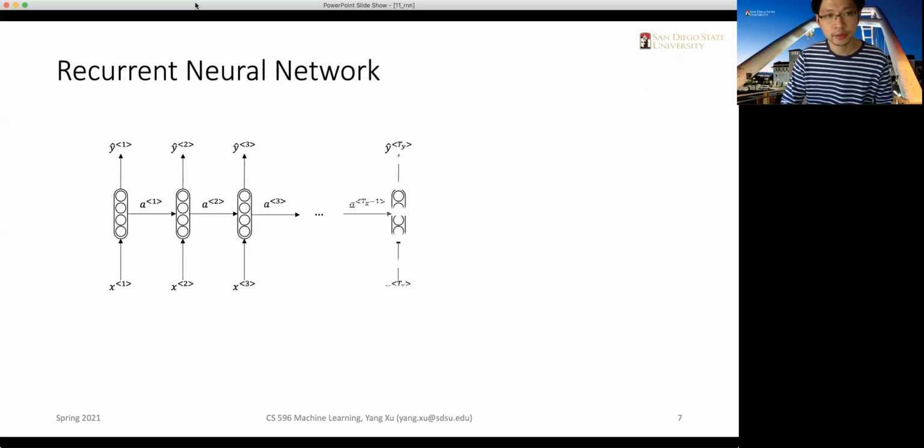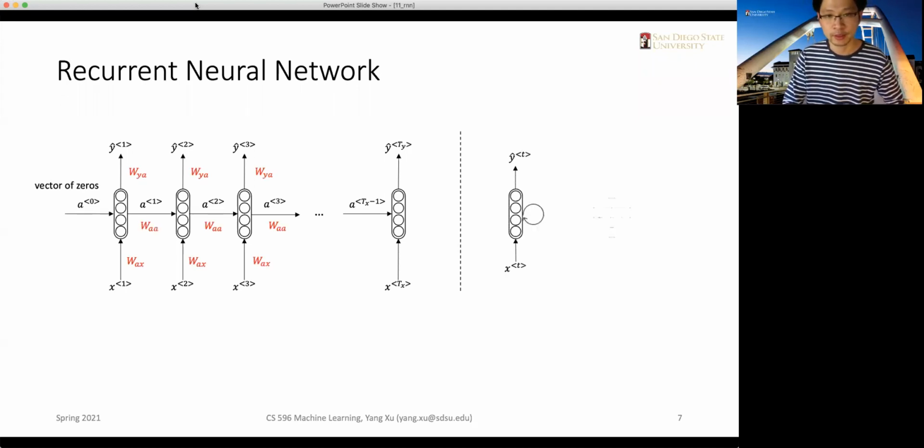So the difference between a regular neural network and a neural network with a recurrent architecture is that the parameters at different time steps are shared. The weight matrix used at the current time step is the same one that's used in the previous time step.